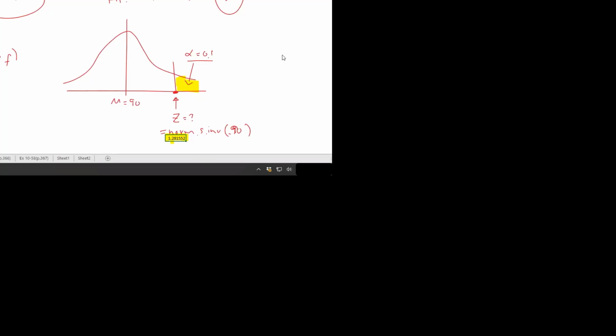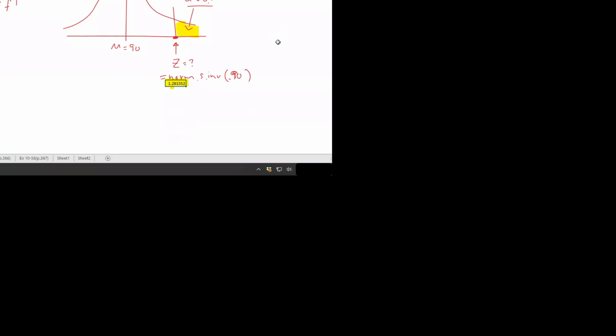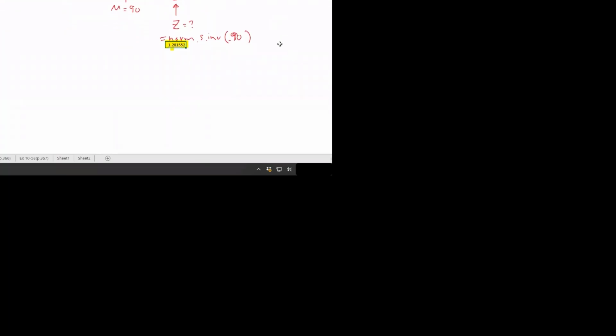Now, the term that is used for this number in hypothesis testing is known as the critical value. So the question is, what is a critical value?